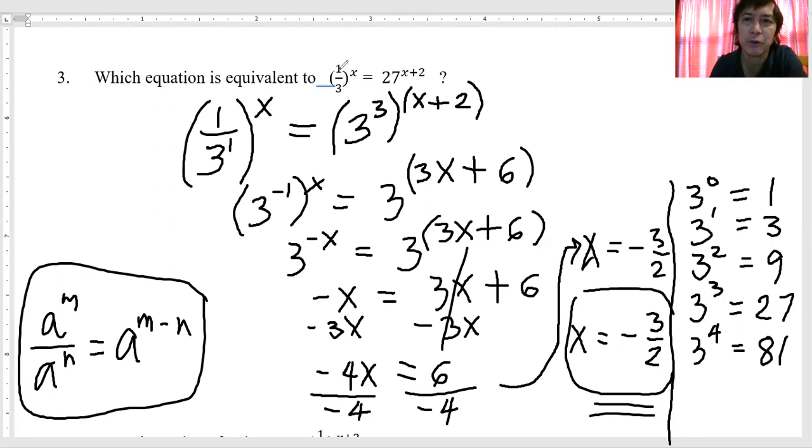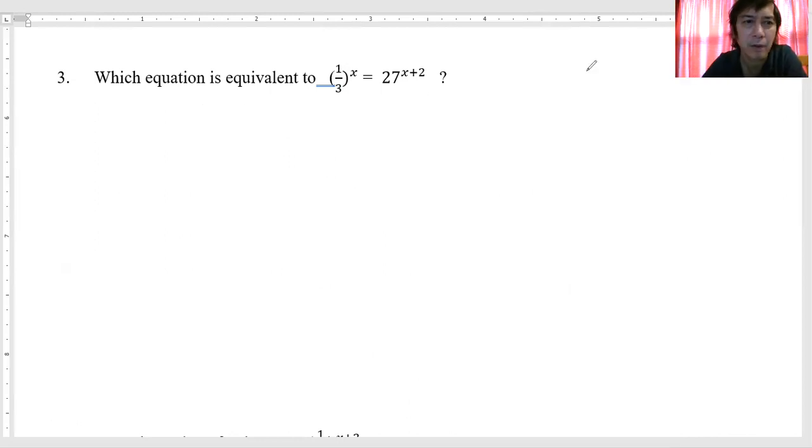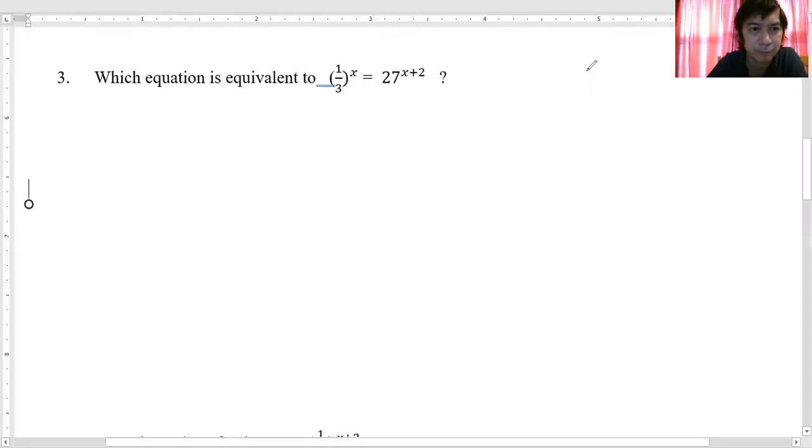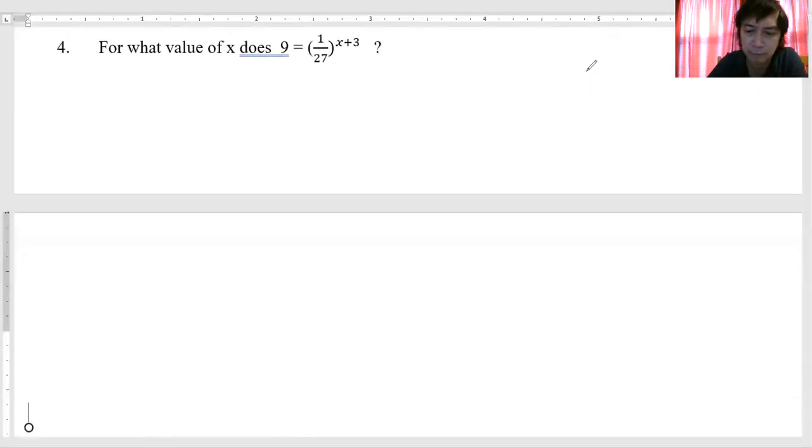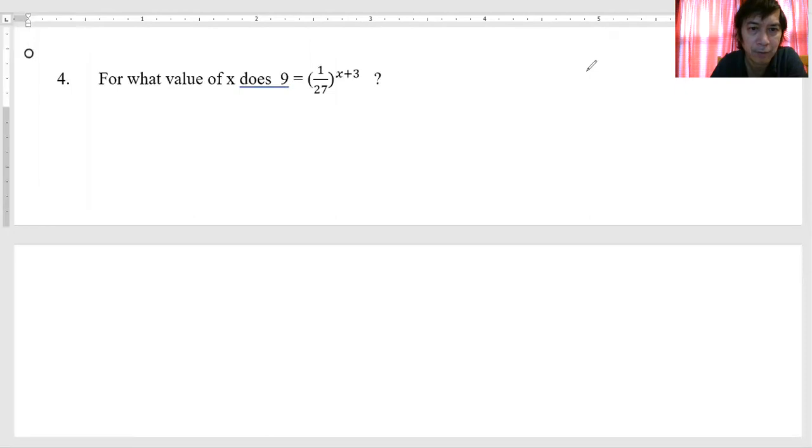So we shall continue with the fourth. Let me clear the screen. All right, let's continue with the fourth example. Here is the fourth example: for what value of x does 9 equal 1 over 27 raised to the power x plus 3?